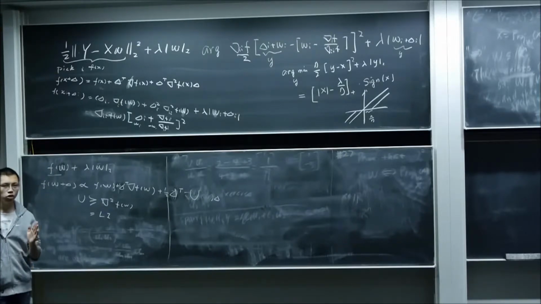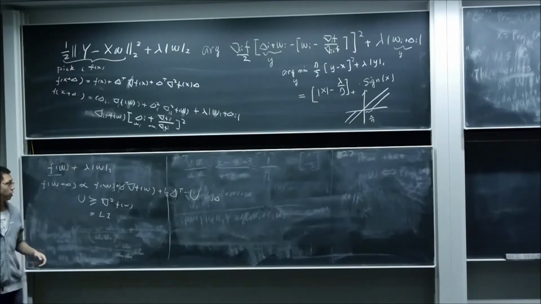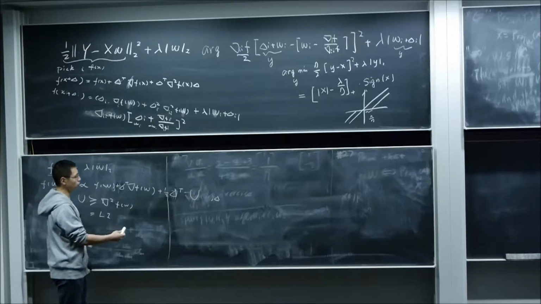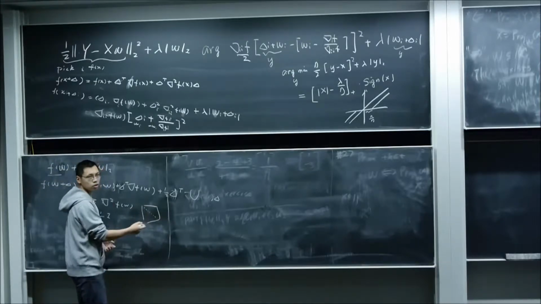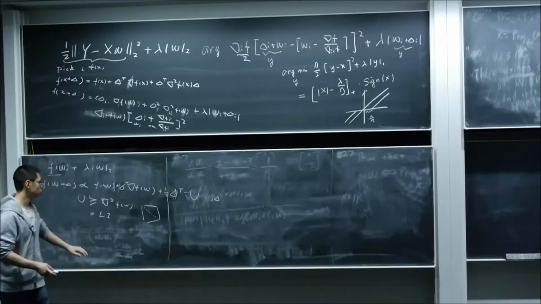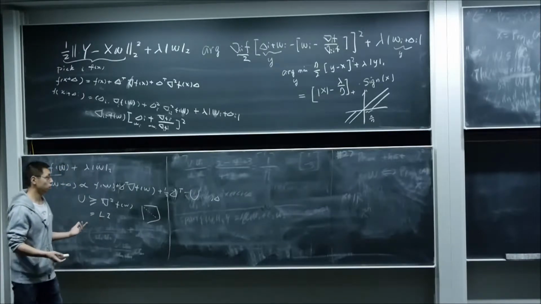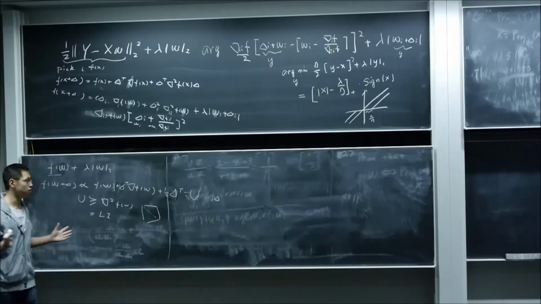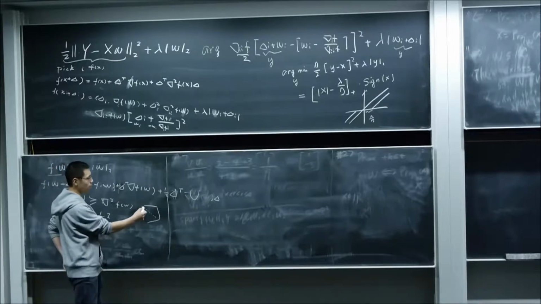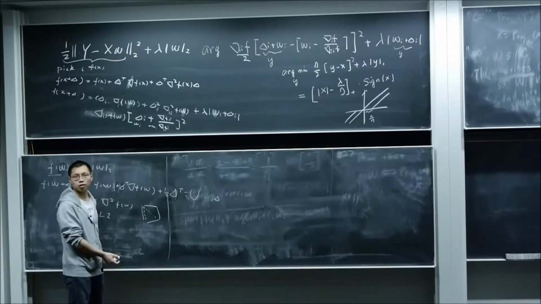If each coordinate has on average almost the same variance, then your Hessian matrix is quite uniform, so the terms on the diagonal are quite similar. You can just use the average L here. But if that is not the case, for example, for a text data set, maybe some coordinates have a lot of non-zero entries.